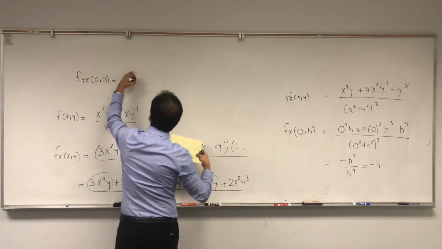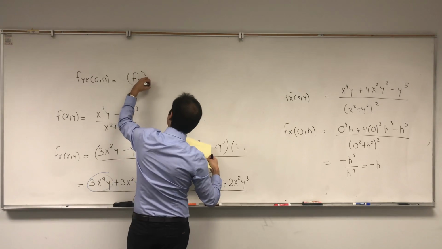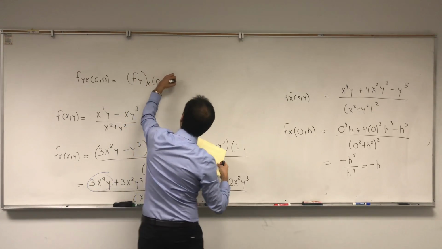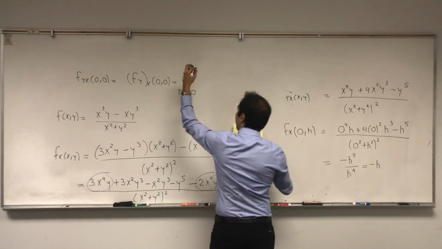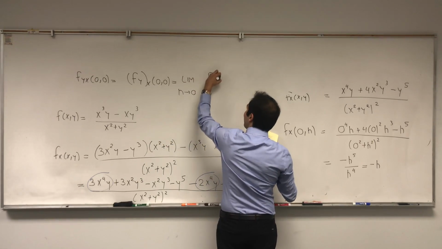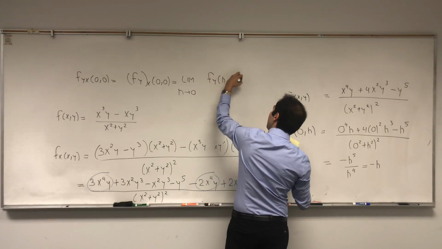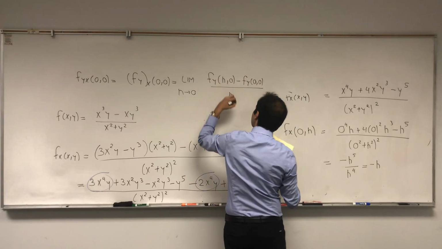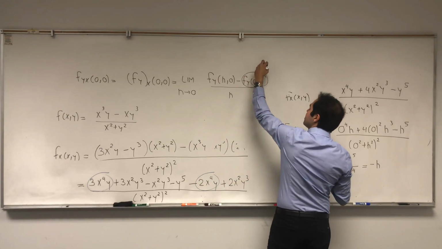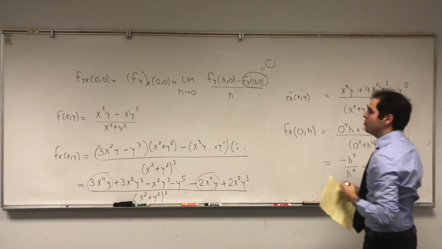So again, that's f_yx at (0, 0), and that is the limit as h goes to 0 of (f_y(h, 0) minus f_y(0, 0)) over h. Again, we calculated that to be 0.